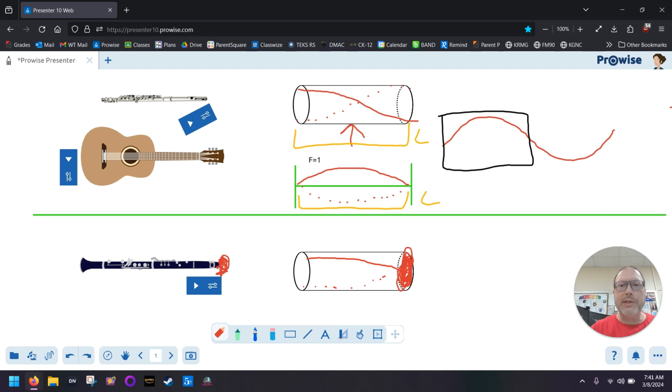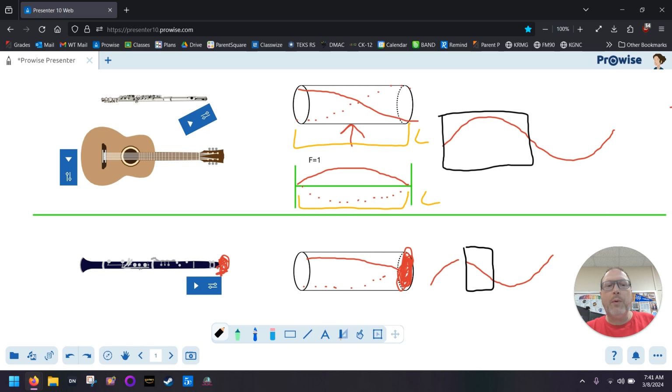Whereas the ones up above are an entire wave, with these down here you're looking at more like 1/4 of a wave, and specifically this quarter would be this piece right here. And it would oscillate back and forth.